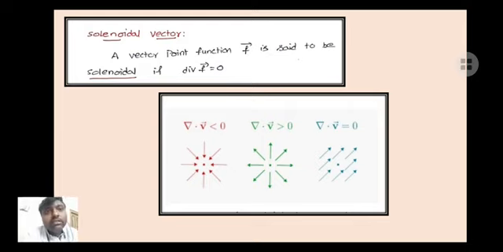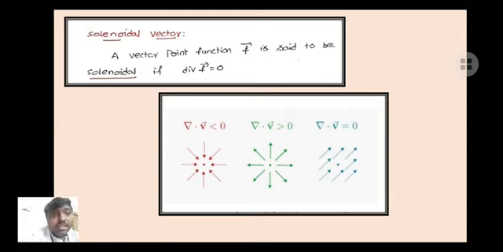Now let's go through one more definition. Solenoidal vector: a vector point function f bar is said to be solenoidal if div f bar is equal to 0. f bar is a vector point function. For that vector point function, you are calculating the divergence. It must be a scalar quantity.